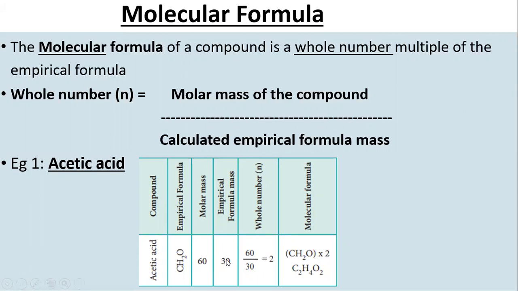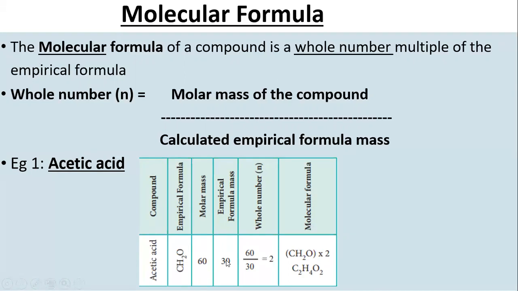First we have to determine the mass. We'll move based on the 4 steps. After determining the mass, CH2O will have a mass of 30, that is carbon 12, hydrogen 1 into 2, oxygen 16, and adding all those we get 30.